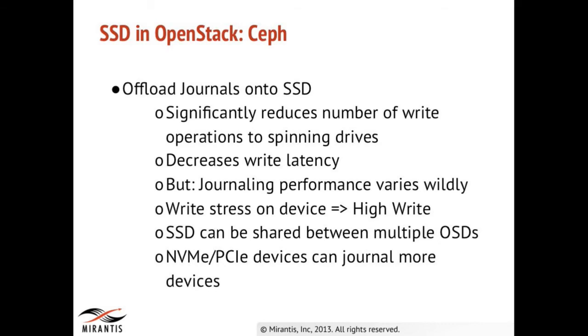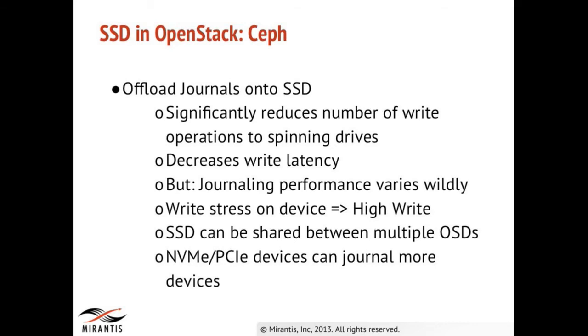So how do we use SSD in OpenStack? First of all, of course, Ceph is in most people's vocabulary when you're talking OpenStack. And one thing that in Ceph is consuming a lot of time and slowing down your access, specifically write access, is that Ceph journals onto the spinning drives by default.